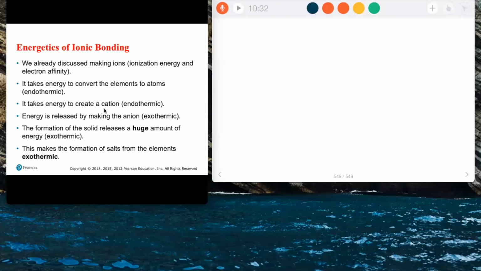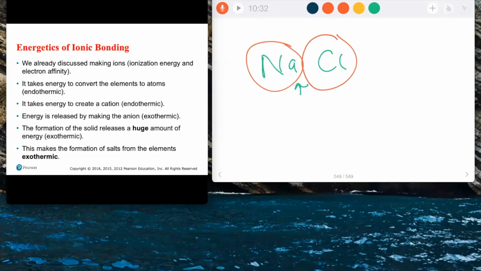To break an ionic bond, such as in sodium chloride, where there is an attraction between sodium and chlorine, we need energy, which is called the lattice energy.